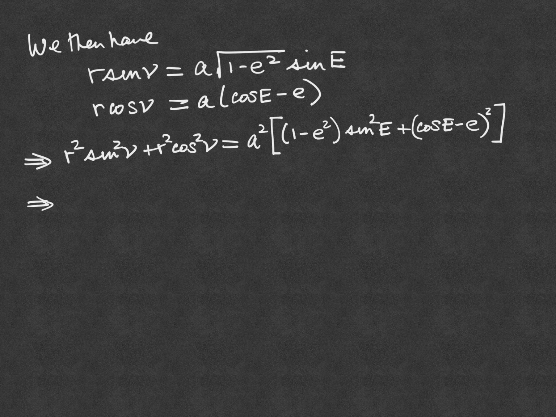And that implies that we have R squared and then we have sine squared plus cosine squared, but that's just equal to 1. So the left-hand side becomes R squared.